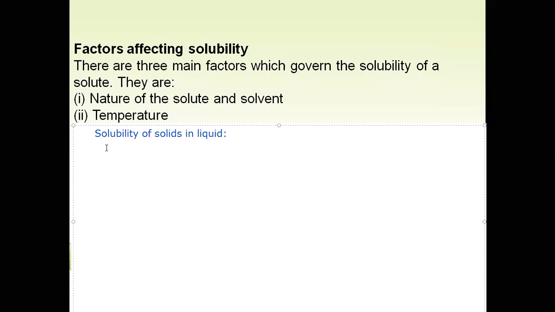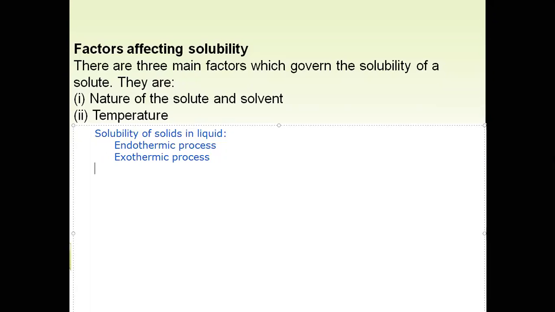In the endothermic process, if we increase the temperature, the solubility also increases, but in the exothermic process, if we increase the temperature, the solubility decreases. For example, we know sugar is dissolved in warm water and cold water. So the endothermic process: increase the temperature and solubility increases. In the exothermic process: increase the temperature but solubility decreases. So this is the solubility of solids in liquid.